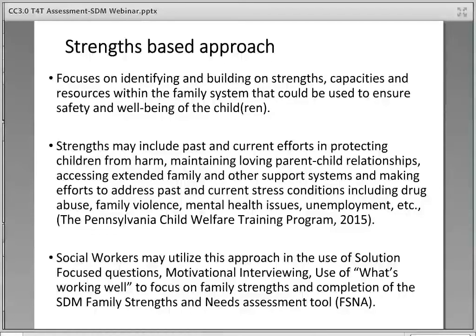They can also remind workers that this approach encourages families to become part of the decision-making process and acknowledges their strengths and resources. Social workers can utilize this approach in the use of solution-focused questions, motivational interviewing, use of what's working well to focus on family strengths, and the completion of the SDM Family Strengths and Needs Assessment tool.